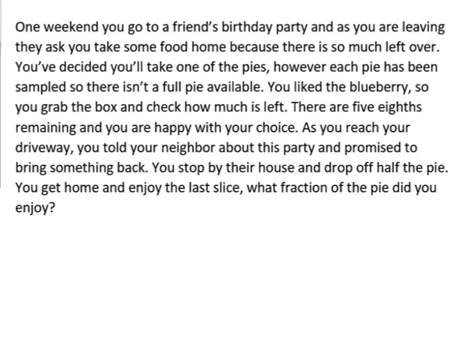There are 5/8 remaining, and you are happy with your choice. As you go home and reach your driveway, you remember you told your neighbor about this party and promised to bring back something. So you stop by their house and drop off half the pie. You get home and enjoy the last slice. What fraction of the pie did you get to enjoy?